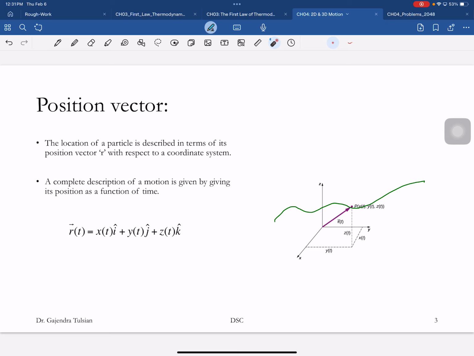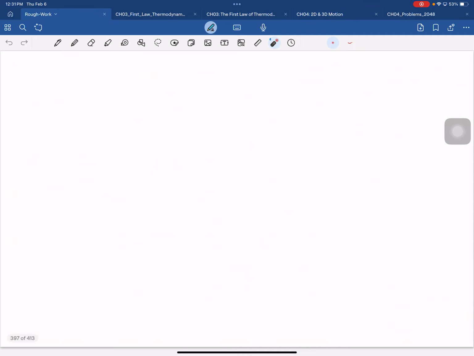To describe this motion completely, you have to give me x, y, and z. Okay? So let's do an example.